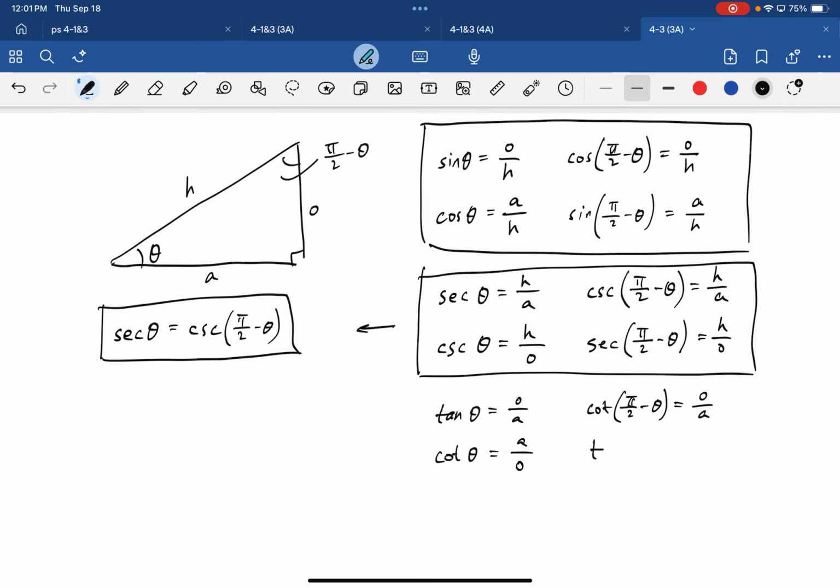And then tangent of pi over 2 minus theta is A over O. So this allows us to write tangent theta is equal to cotangent of pi over 2 minus theta.